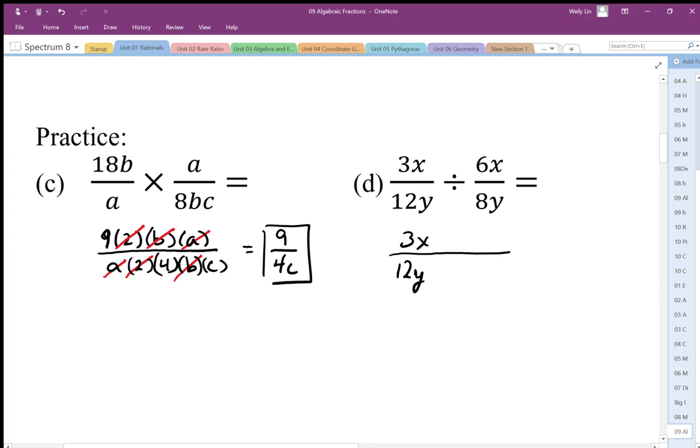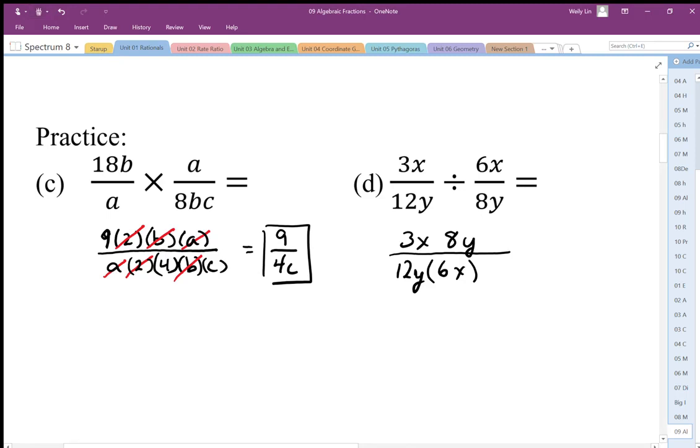So this 6x is a divide by 6x. So this literally says divide by 6x, so the 6x should go on the bottom. This is divide by 8y. Divide is opposite, so that should end up in the numerator. So now that I have everything in the right spot, I have the times on top, divides on bottom.